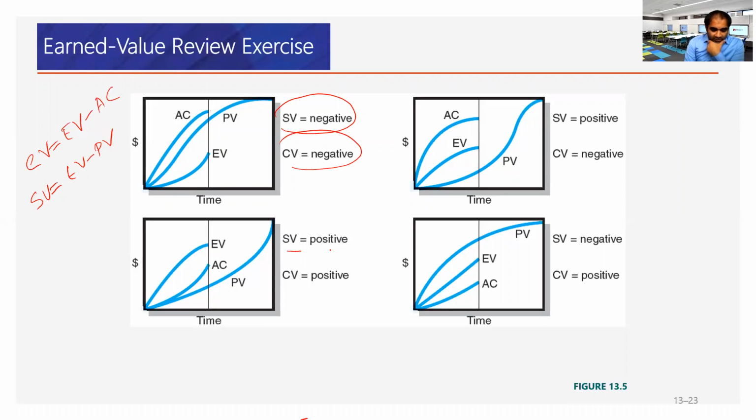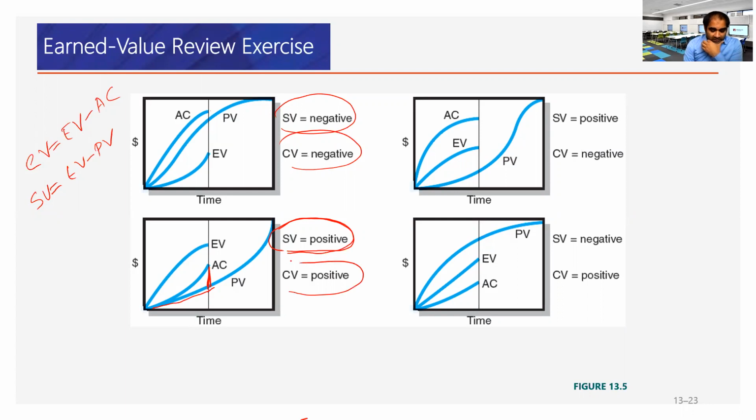All right, next is this one. Schedule variance is positive, so earned value is more than planned value. This is the planned value, this is the earned value. So now we can see that we have a favorable or positive schedule variance. The project is going ahead in terms of the schedule, based on how much value we earned and how much value we planned to earn.